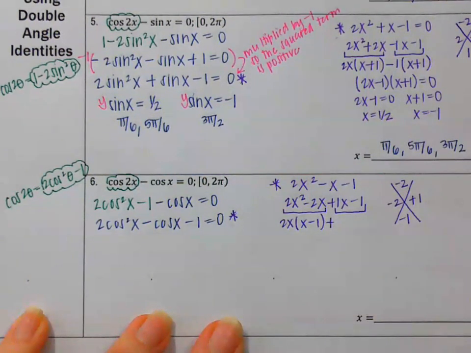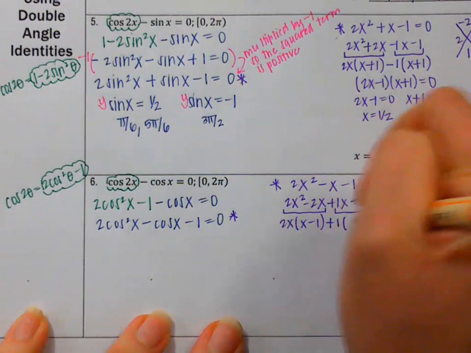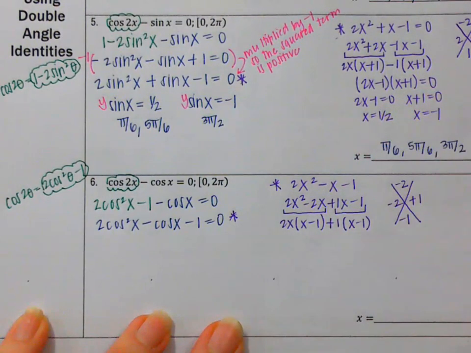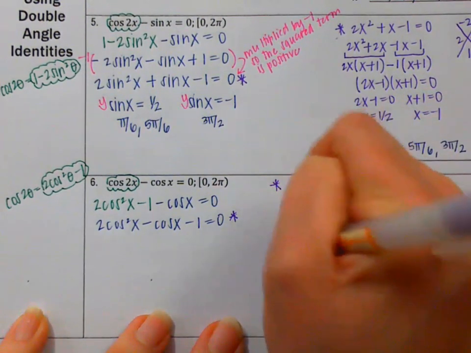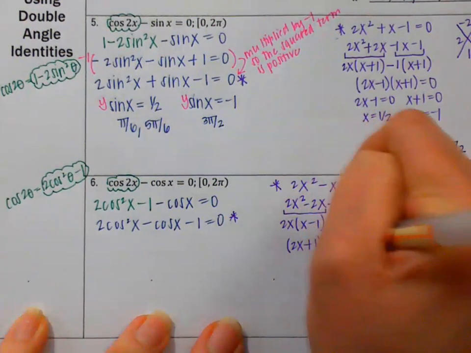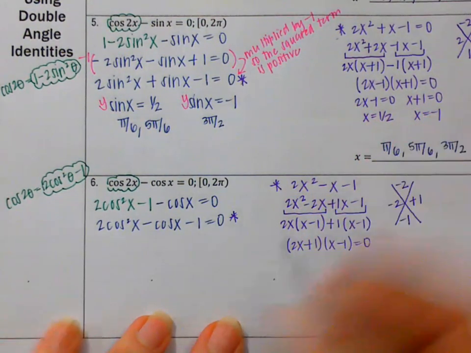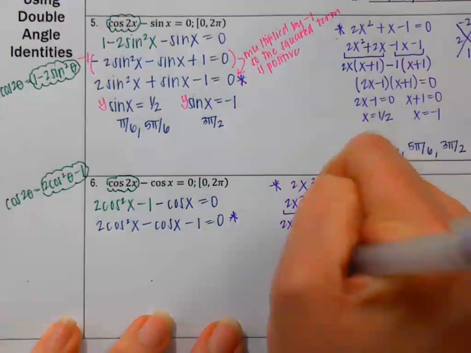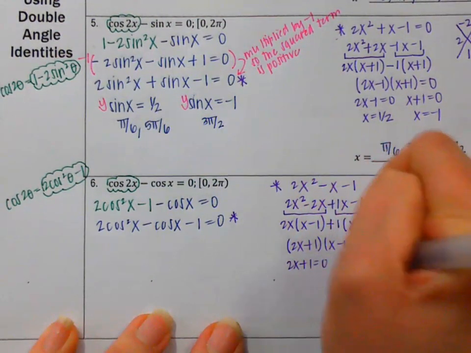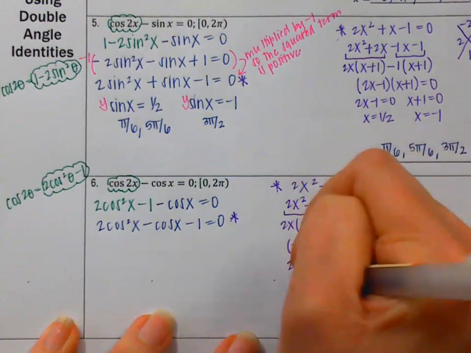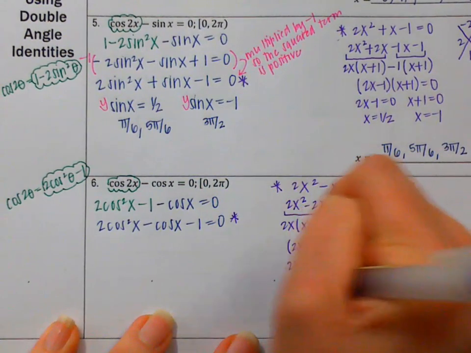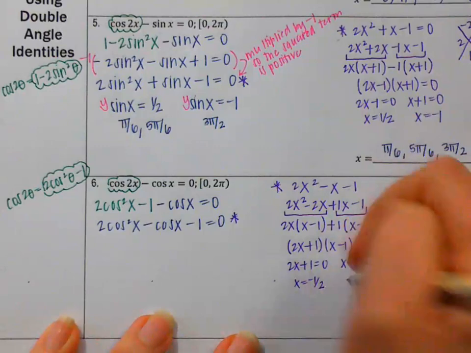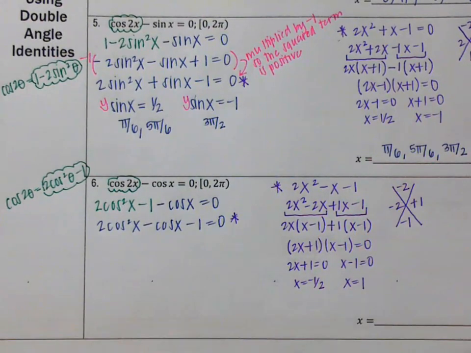Nothing I can factor out of 1x minus 1, so I can always factor out a 1, and I'm left with x minus 1. So I have 2x plus 1 times x minus 1. I'm going to go ahead and use what I did up here and just continue to solve first. I don't know why I didn't do this before, but that gets you -1/2 and +1.